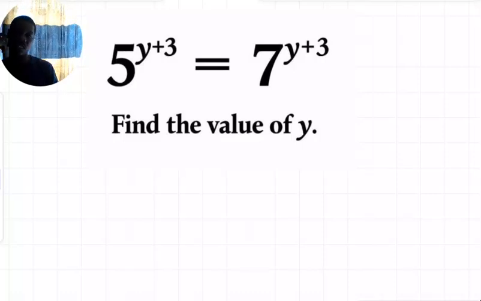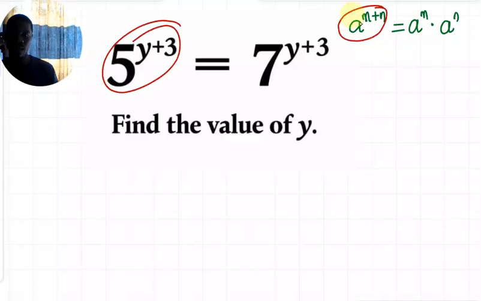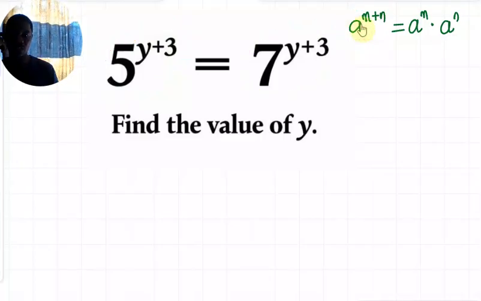one of the laws which says that if you have a raised to m plus n, this is a raised to m times a raised to n. And when you look at the exponent, you see that this part of the rule is the same as the respective exponential expression.